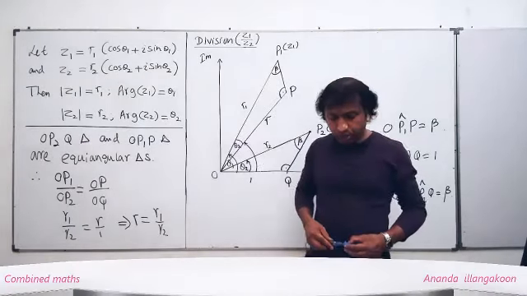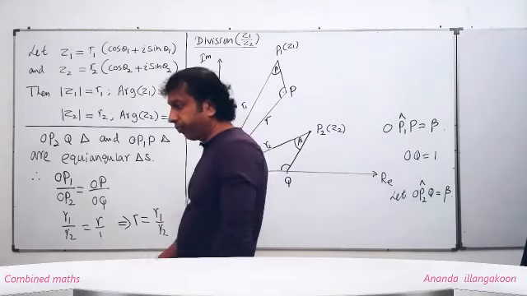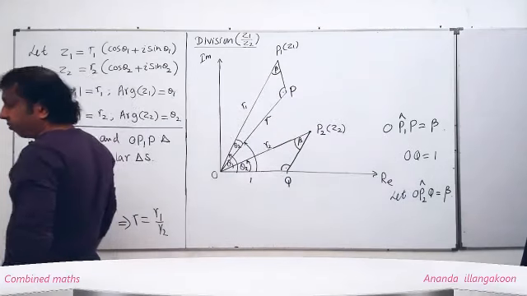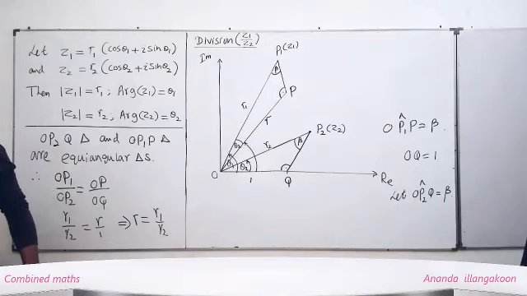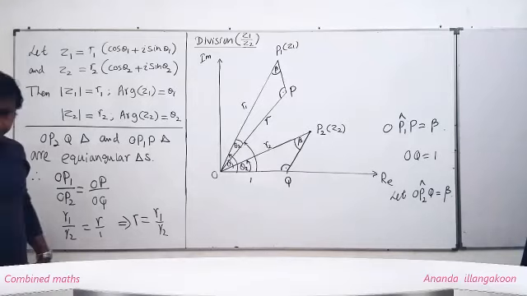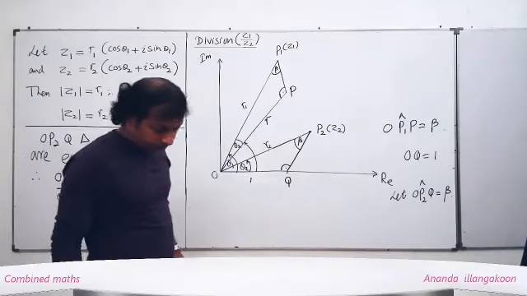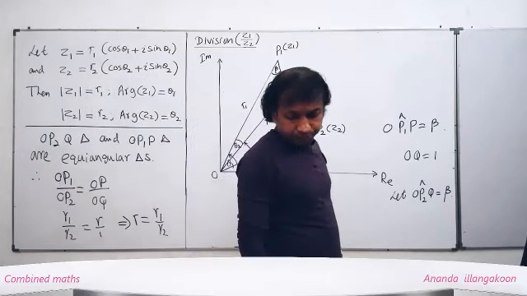Therefore, point P should represent the complex number Z1 by Z2. Okay?